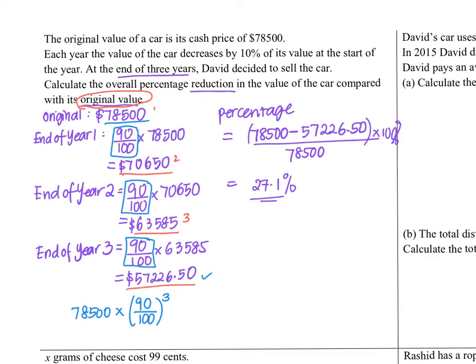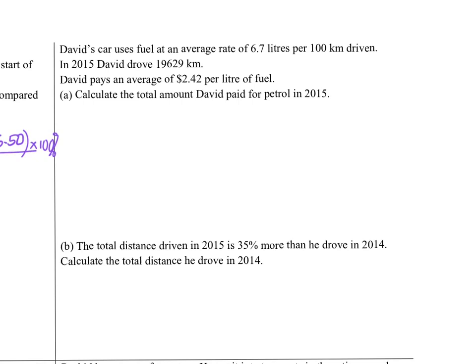Now let's move on to the next question. This is talking about rate again. David's car uses fuel at an average rate of 6.7 liters per 100 kilometers driven. So I know if I drive 100 kilometers, I use 6.7 liters of petrol.